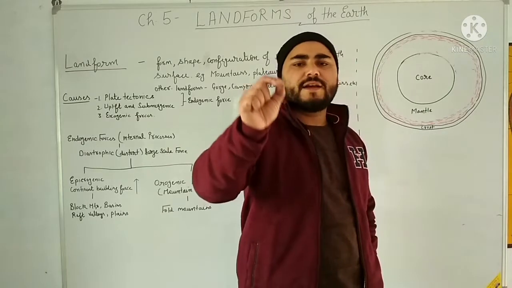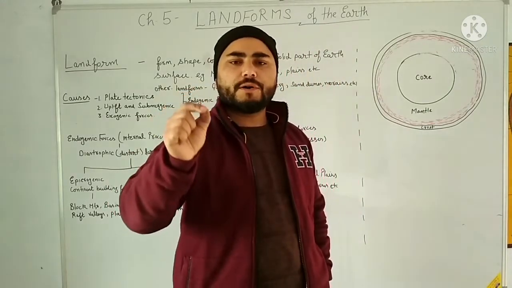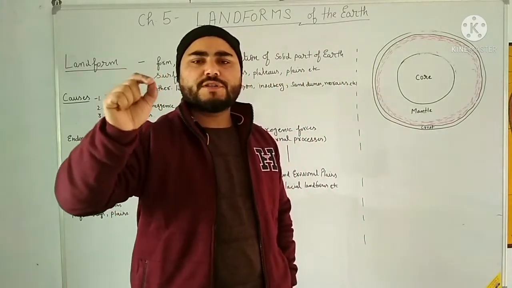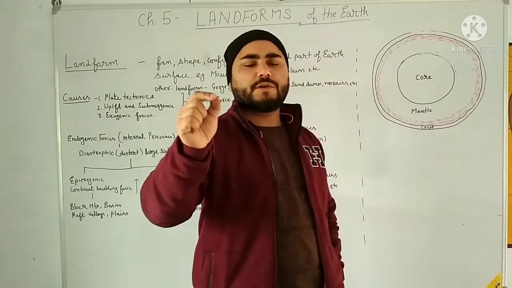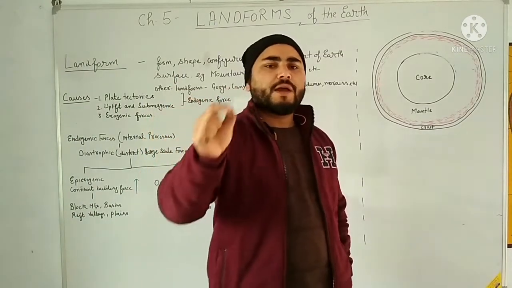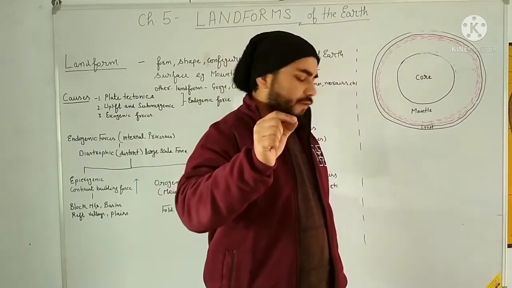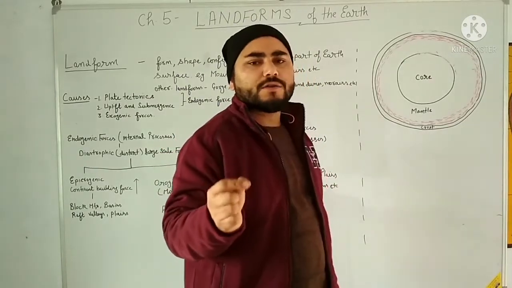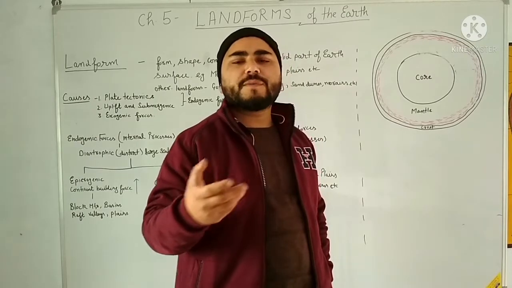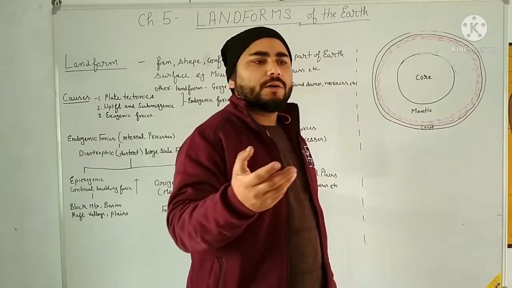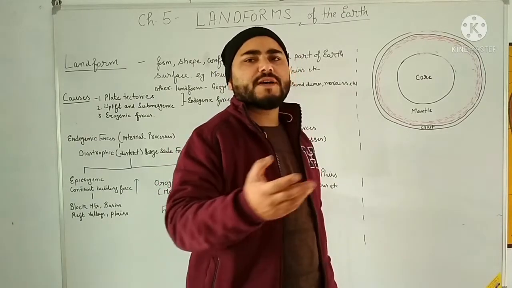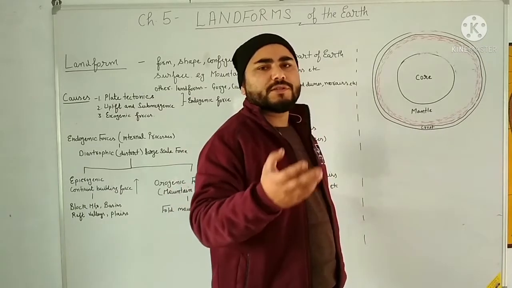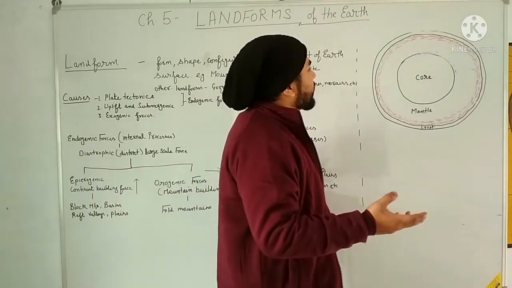Lithosphere means that sphere of the earth which is hard. Lith means stone. So that stony or hard surface of the earth on which we stand, which gives us a platform to live, is called lithosphere.